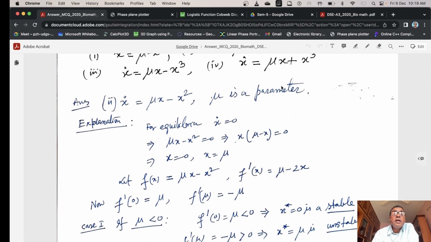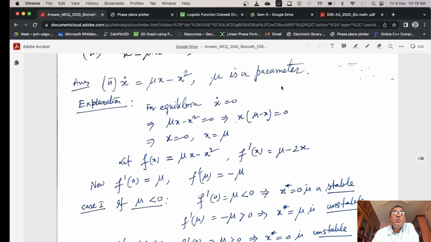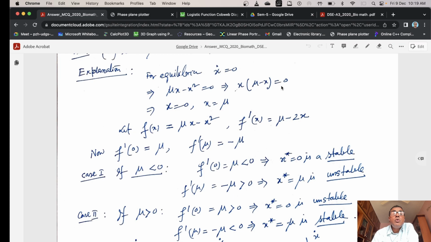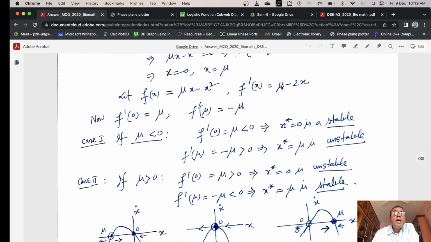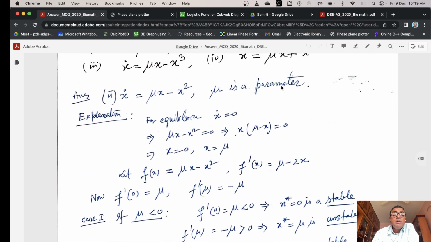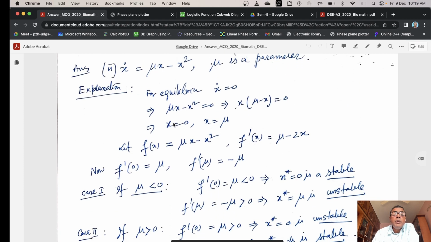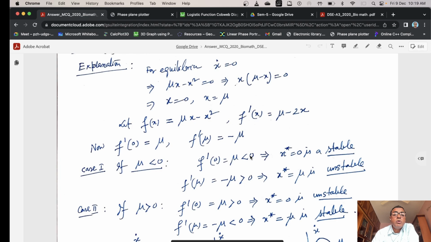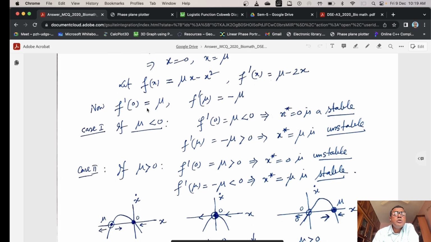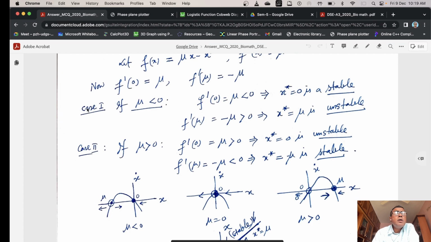Explanation: for the equilibria, x dot equal to 0 gives x star equal to 0 and x star equal to mu, where f(x) is the right hand side of x dash, mu x minus x squared. So f dash of 0 equals mu, f dash of mu equals minus mu. There are two cases.